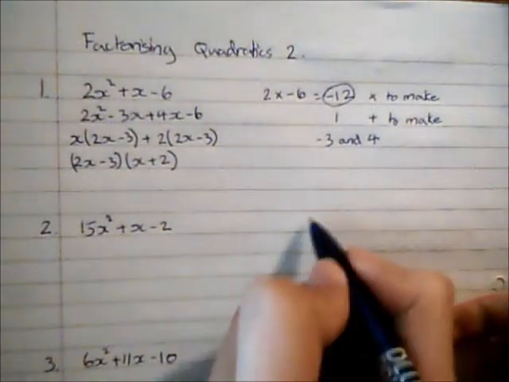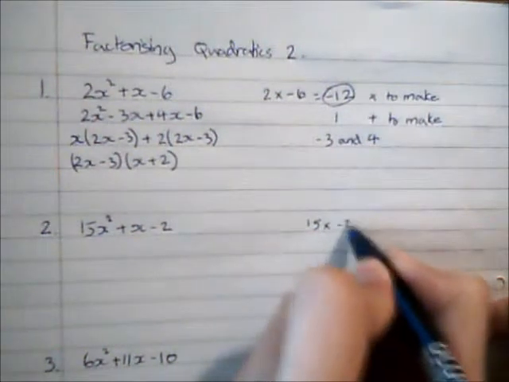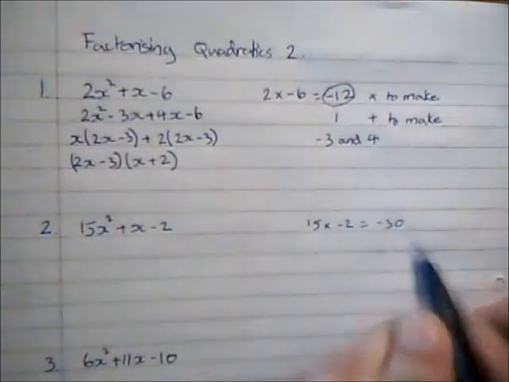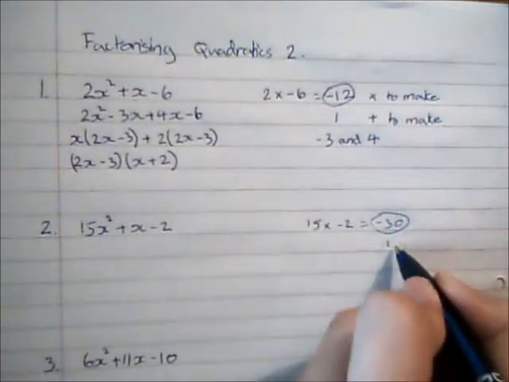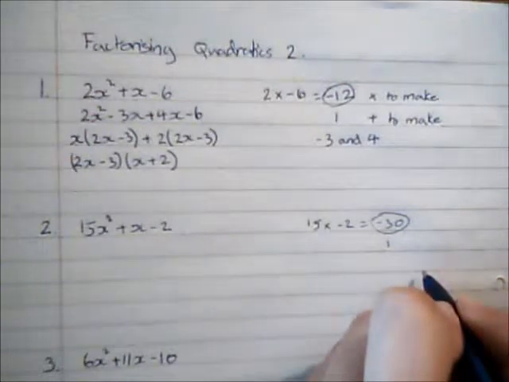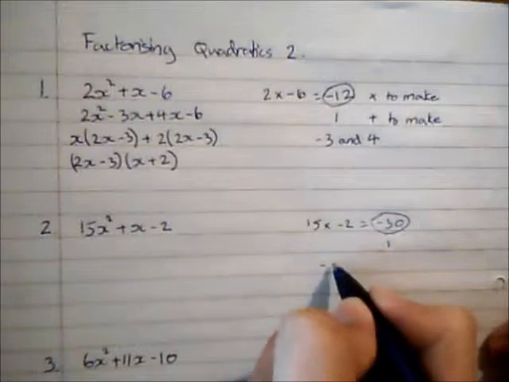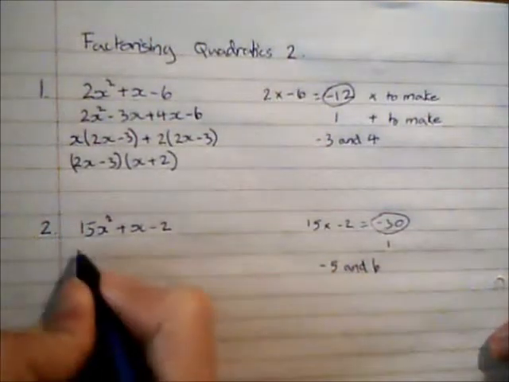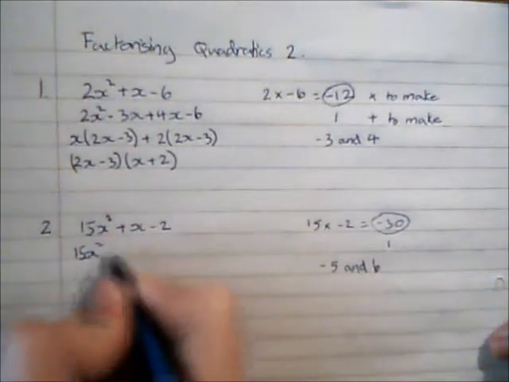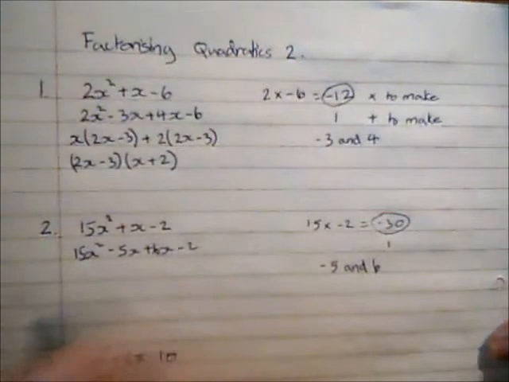Exactly the same approach for question number 2 here. 15 multiplied by minus 2 is negative 30, and the coefficient of x is 1. So which two numbers will it have to be? Well, I can check through and I will find it is negative 5 and 6. So that's 15x squared minus 5x plus 6x minus 2.